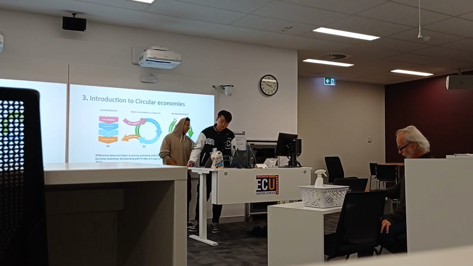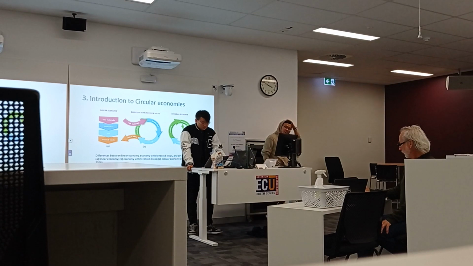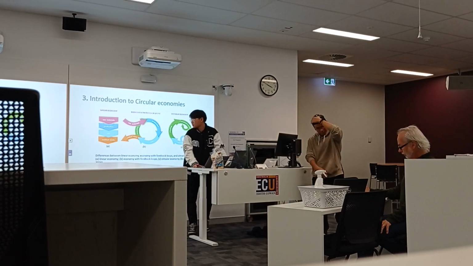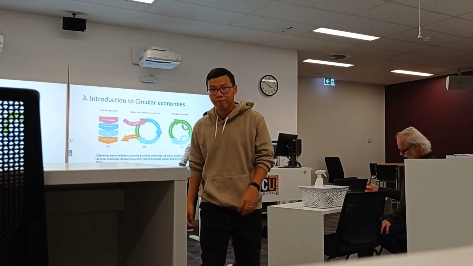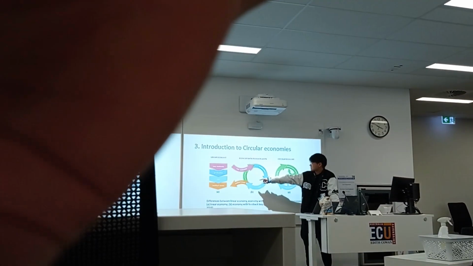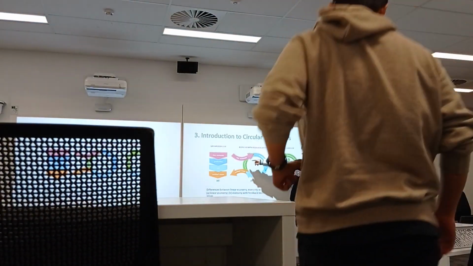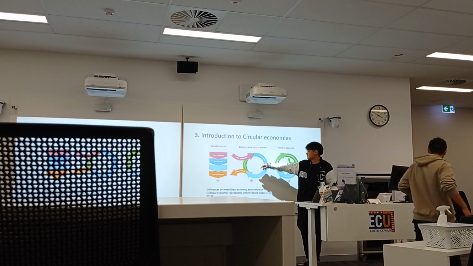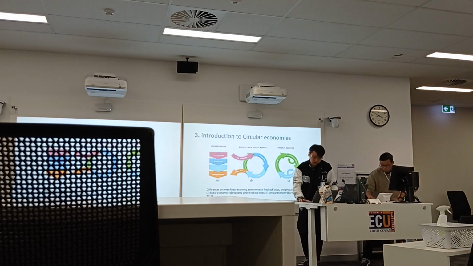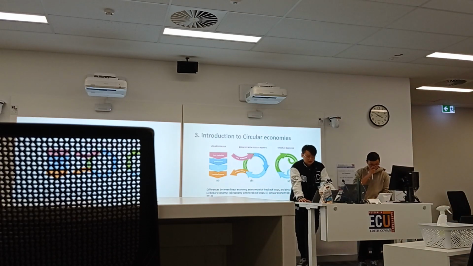Well, now I will introduce the circular economy. And before I introduce that, I want to let you guys know this one is an economy with feedback loops. The difference between the circular economy and this one is that this one still has the input of raw material and generation of waste.